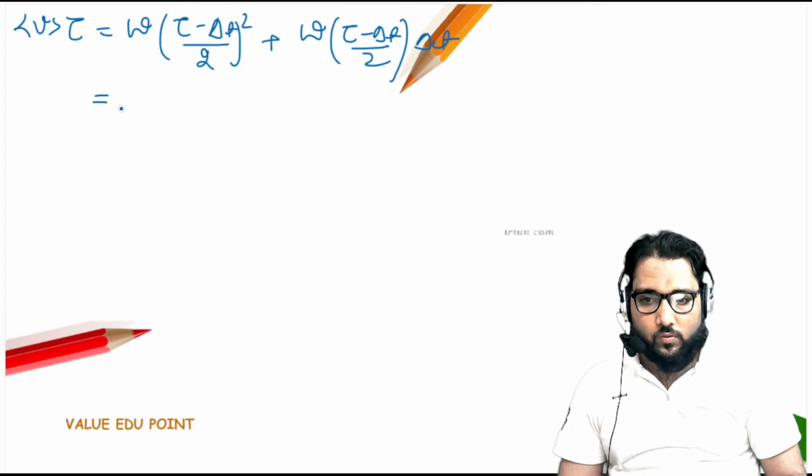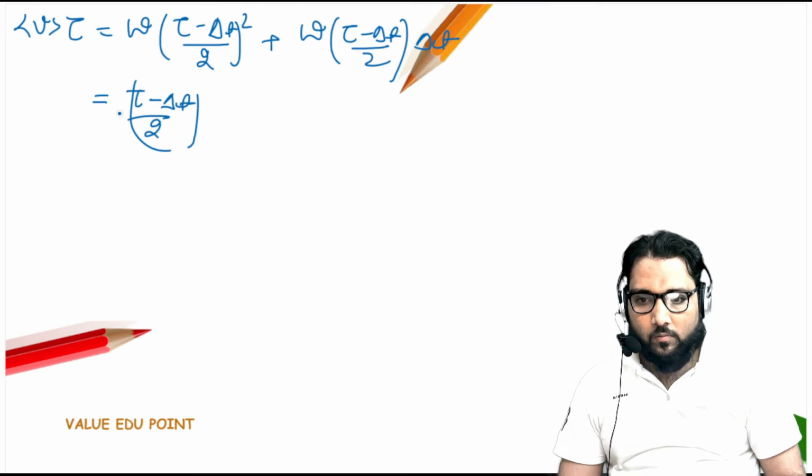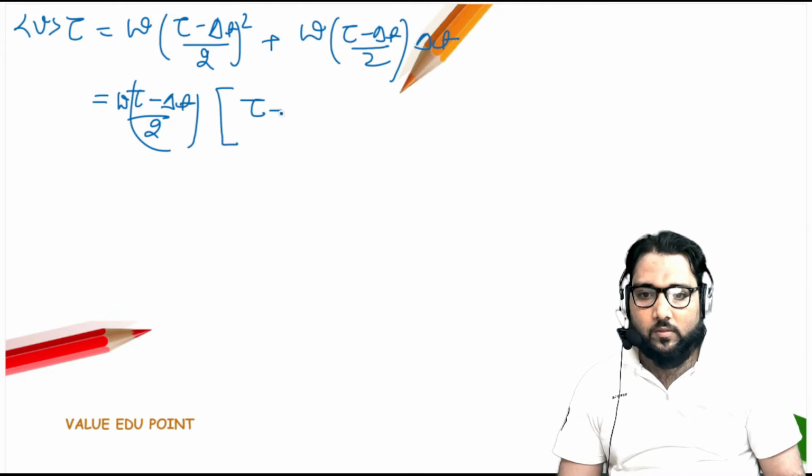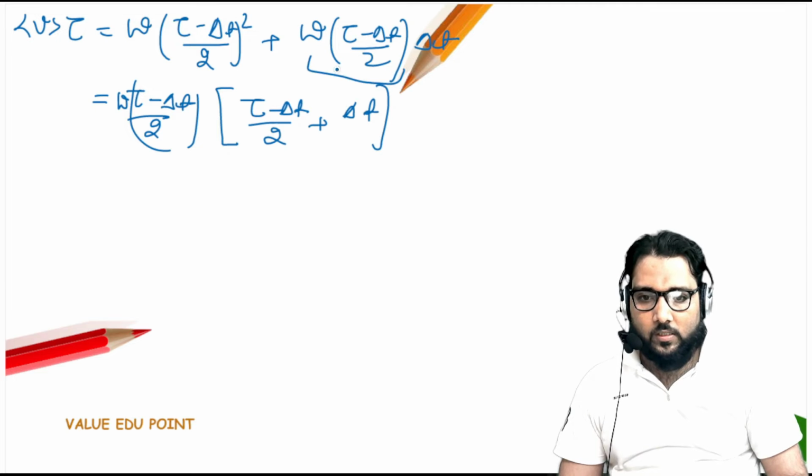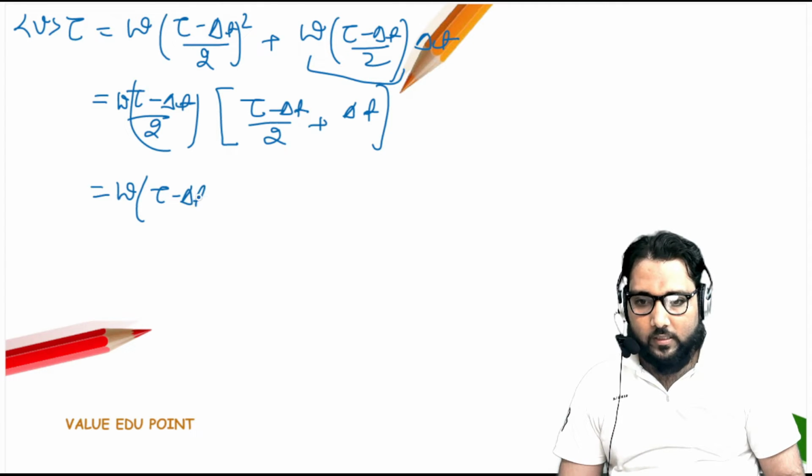Simply what we have to do, we will take this tau minus delta t by 2 common, plus omega we are taking outside. So in this tau minus delta t by 2, and outside, delta t is inside. Okay, if we take this portion common, so omega into tau minus delta t by 2.